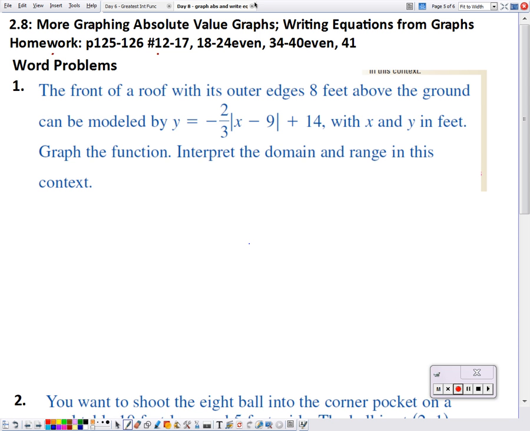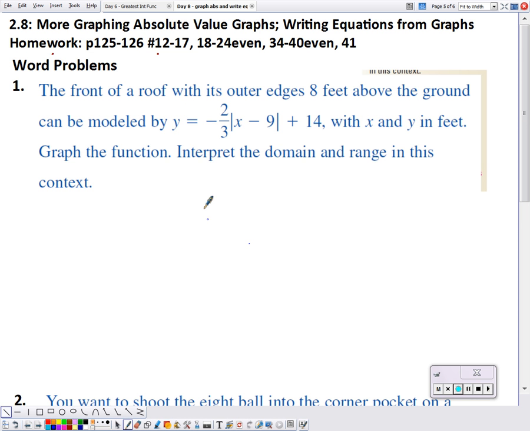Okay, so the first one says, the front of a roof with its outer edges 8 feet above the ground can be modeled by y equals negative 2/3 times the absolute value of x minus 9 plus 14. Graph the function. Interpret the domain and range in this context. Well, the first thing I want to notice is that it's a roof, so obviously it's going to kind of look like that little old school triangle.